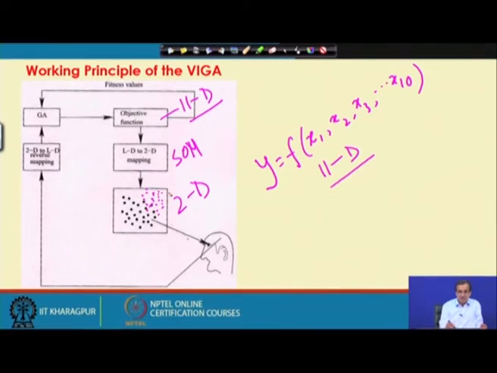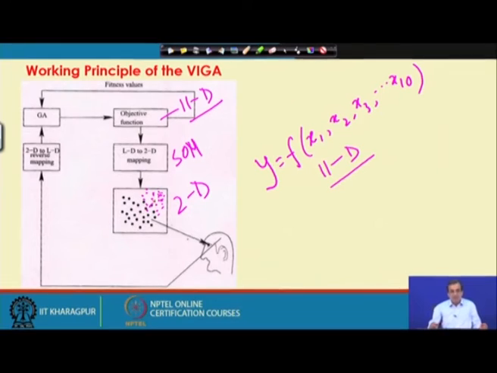We will try to find out the correct direction along which the fitness value is going to increase, and this information the user will collect from this 2D map, and this information he is going to give to the GA: concentrate only on this particular region if you want to hit the globally optimal solution, or the globally maximum solution, and the GA unnecessarily should not concentrate on other areas or regions.